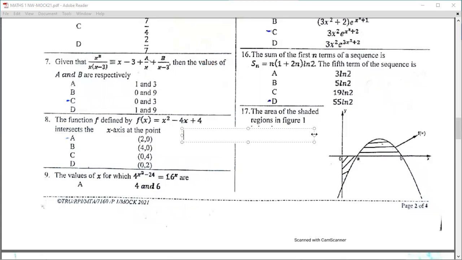So we have x equals 2 when y equals 0, because it cuts the x-axis. So the point where it intersects the x-axis is the point (2, 0).